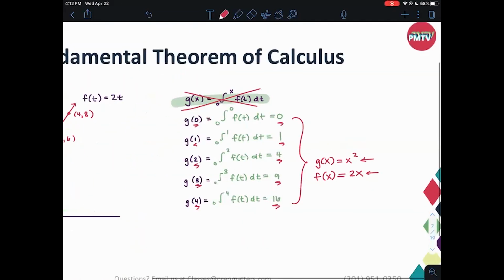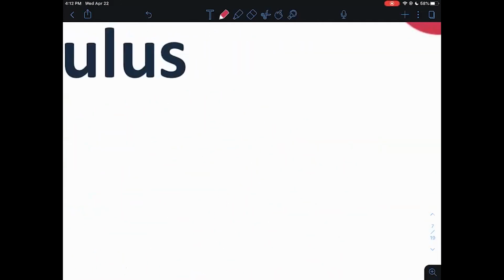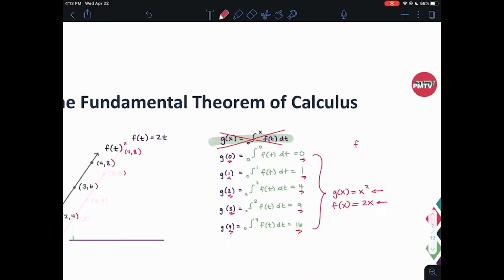So let's pull this together a little bit. I'm going to take this over here. And if we take this over here, I'm now going to be able to say that, let's use all the same things.